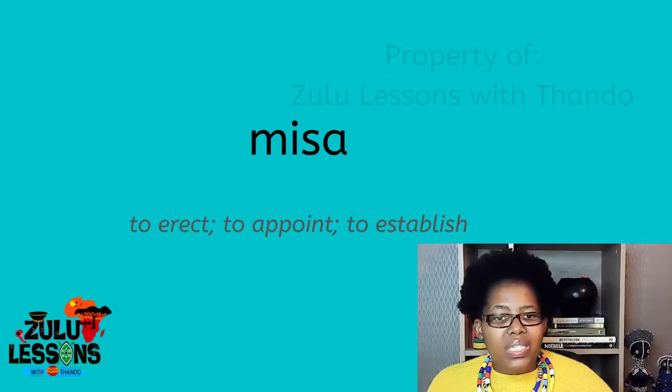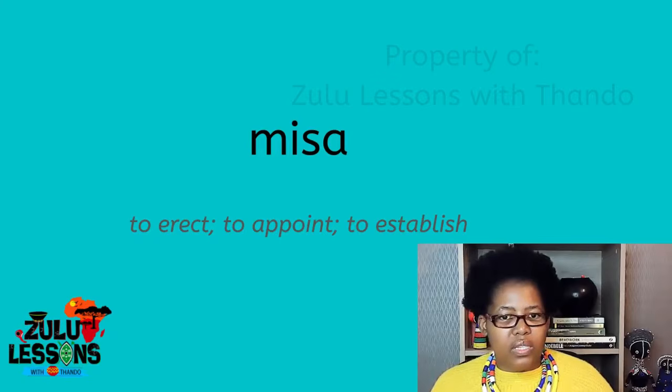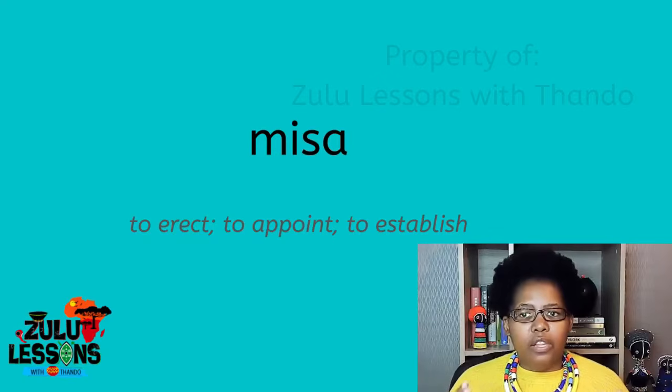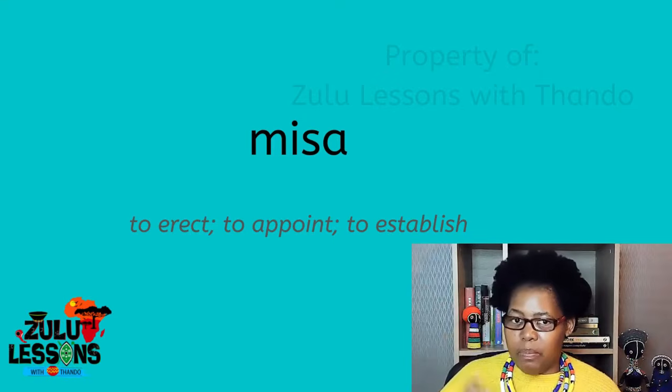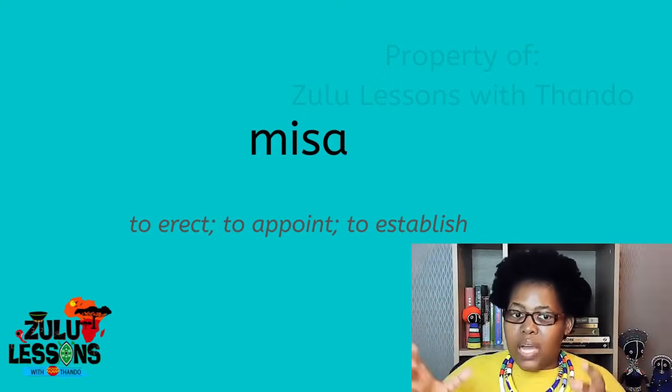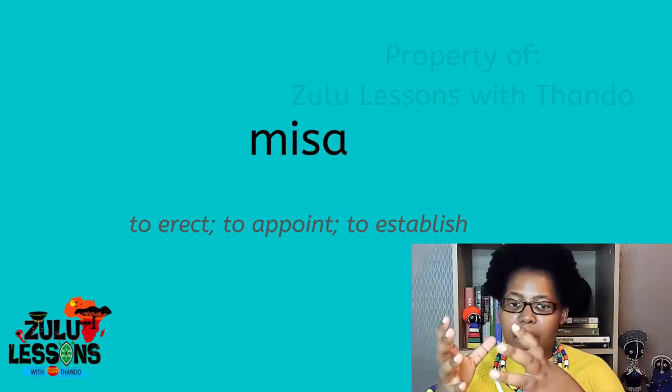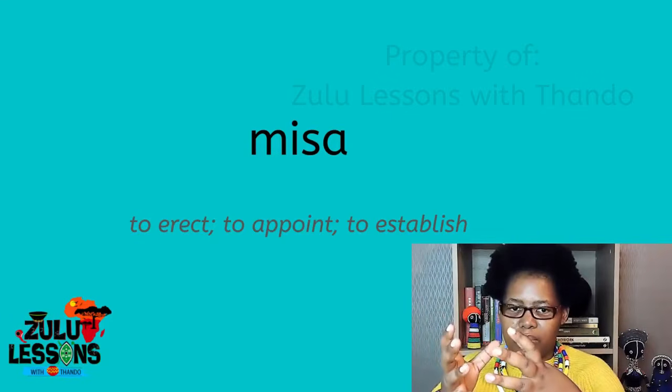So we are now saying to erect something, to erect an object, to appoint, to establish, to support. So picture an object, whatever it is, that needs support. If we then say misa to that object, and we're giving you that instruction, you now have to hold that object up, support it.